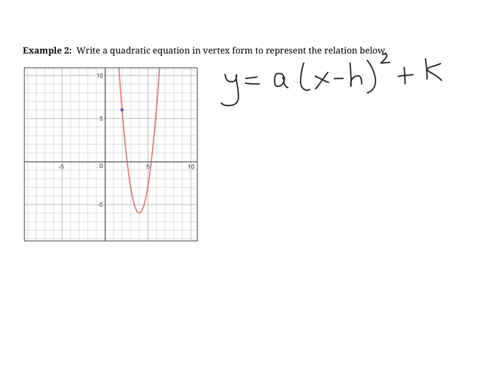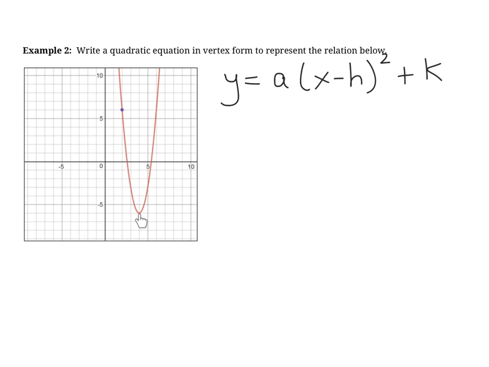The one thing that we can identify very clearly, though, is the vertex. Now, because we have a parabola that is opening upwards, our vertex is going to be located right here at the bottom. So it is a minimum point that we're looking at. So our vertex is right here.